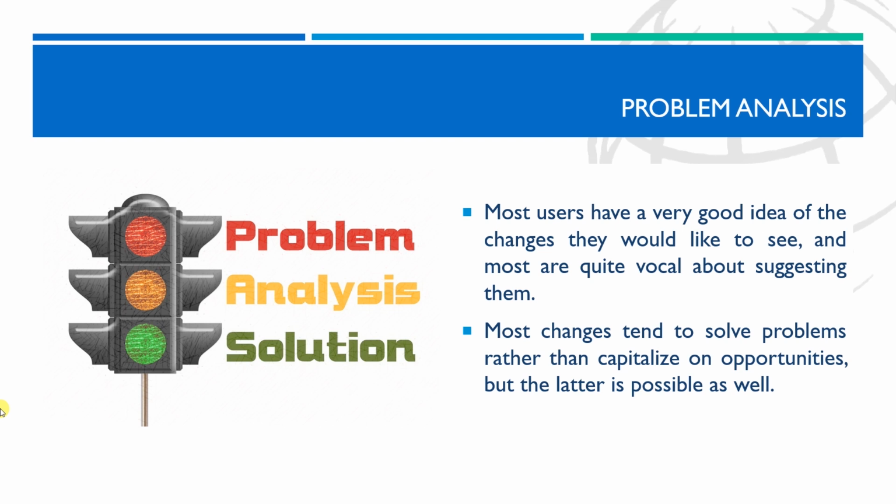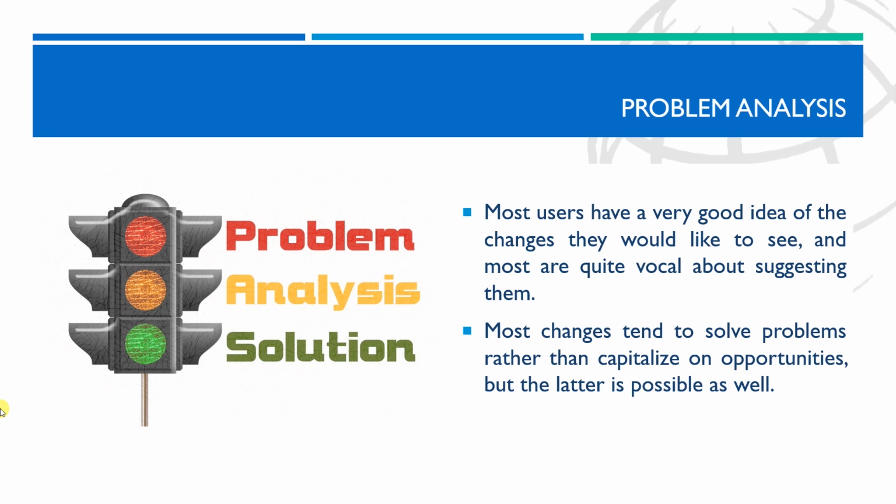Problem analysis means asking the users and managers to identify problems with the as-is system and to describe how to solve them in the to-be system. Most users have a very good idea of the changes they would like to see, and most are quite vocal about suggesting them. Most changes tend to solve problems rather than capitalize on opportunities, but the latter is possible as well.